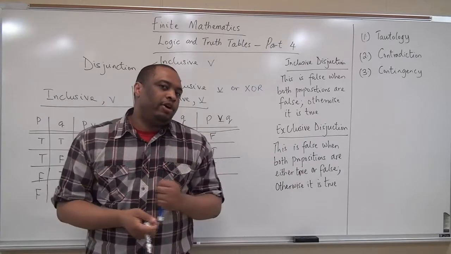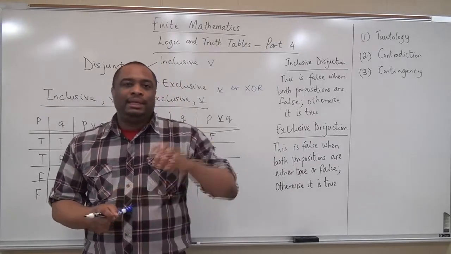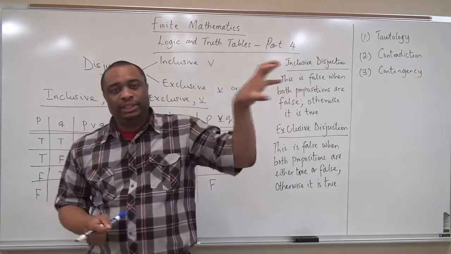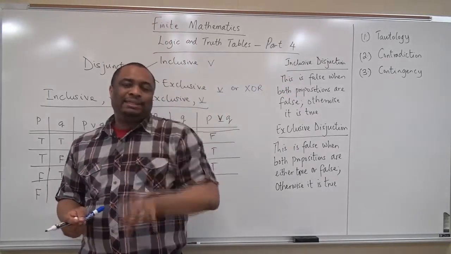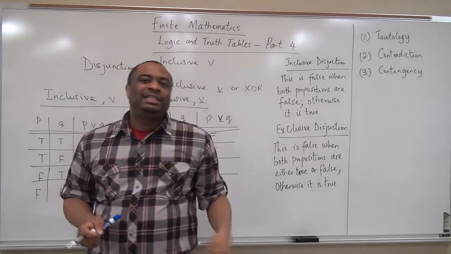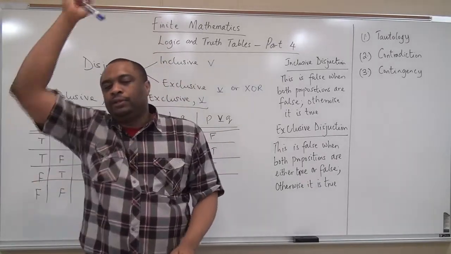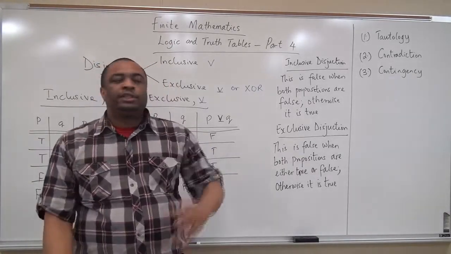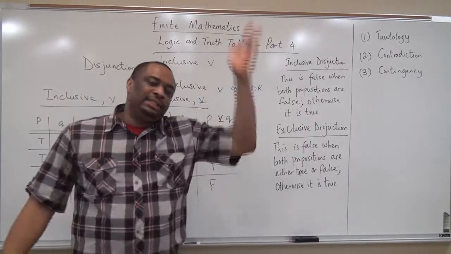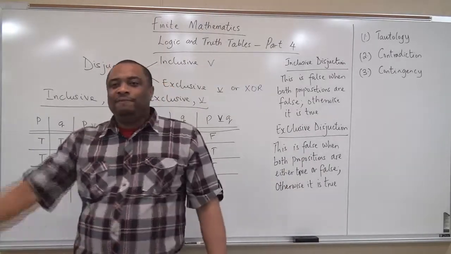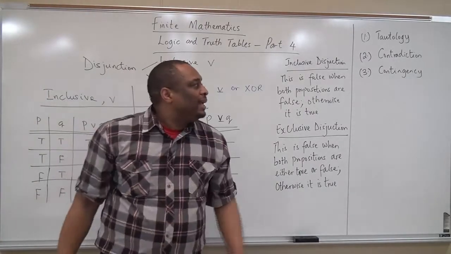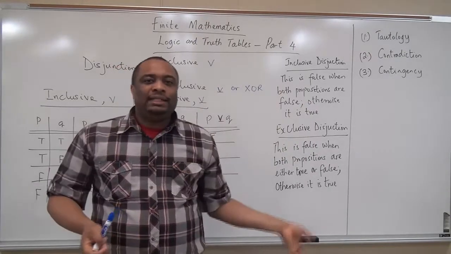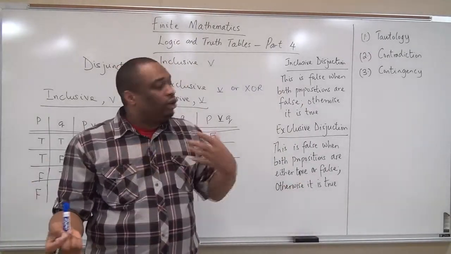It is always false. So in the truth table for that contradiction, the final answer column, you have truth values of false. For tautology it is T. For contradiction it is F.